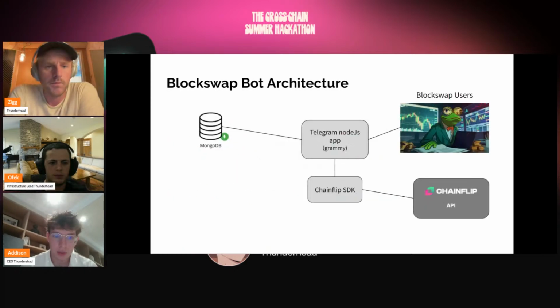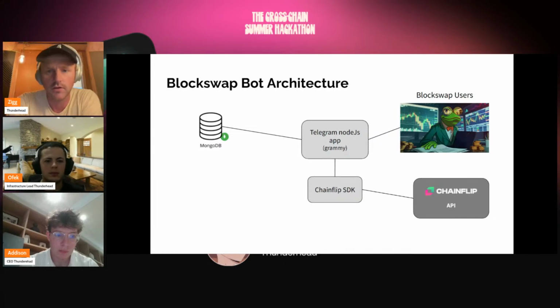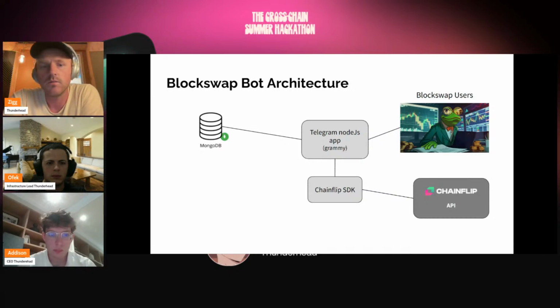Oh yeah. Okay. So this is the overarching architecture of the system, from a front end point of view and back end. In the middle, you have the actual Node.js Telegram application, which users interact with on Telegram.